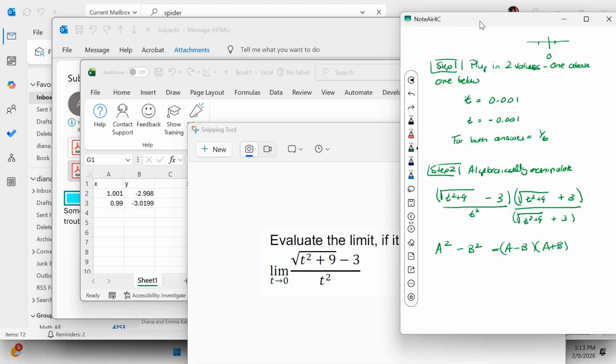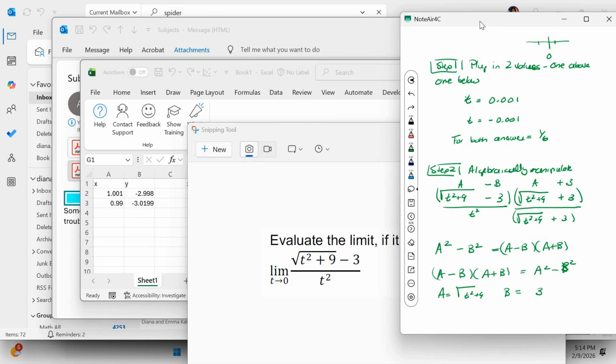But if I reverse it, I have a minus b times a plus b is equal to a squared minus b squared. That's not usually the direction we look at this, but I'm going to use that. Because if my a is this god-awful square root of t squared plus 9, and my b is this god-awful 3, really what I have here is a minus b and a plus b. So I know what the answer is without doing the multiplication.